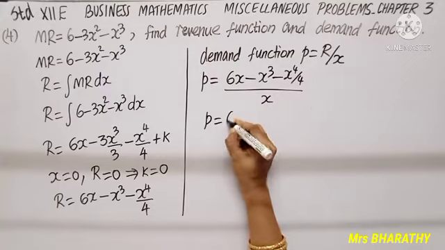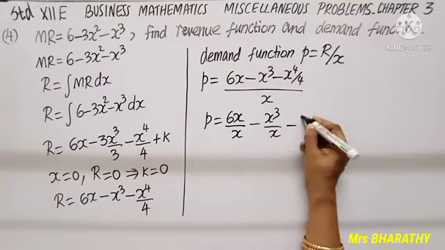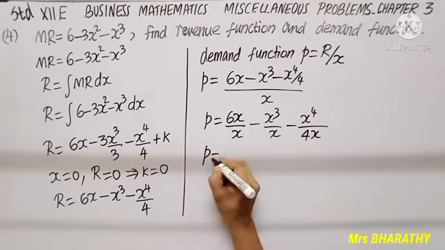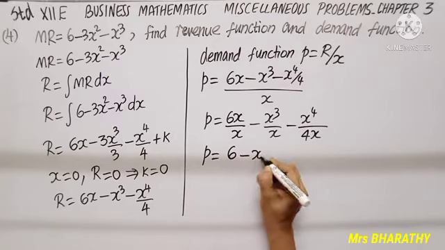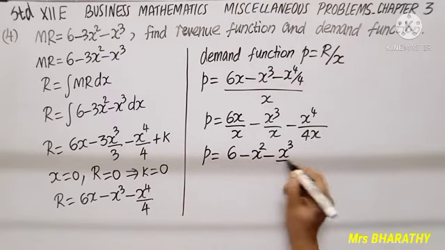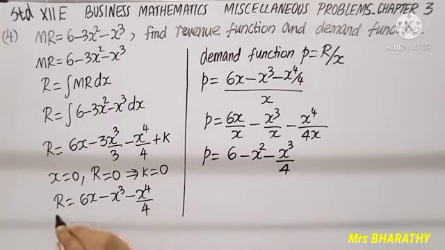As I separately divide 6x by x, x cube by x, x power 4 by 4x, we get 6 minus x square, minus x power 4 by x is x cube by 4. So we have calculated the demand function as well as the revenue function.